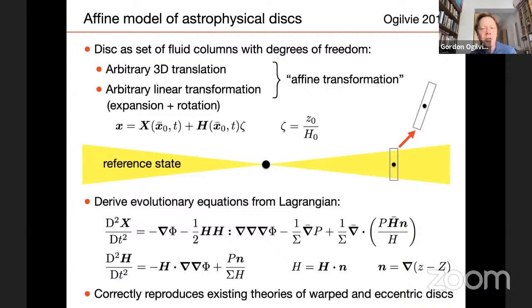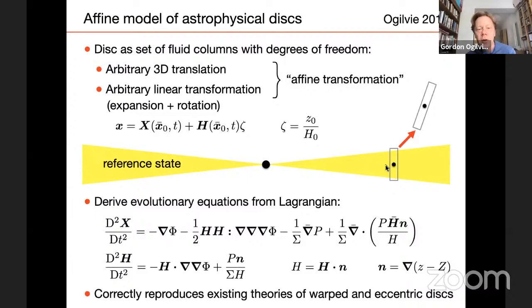So the idea here is to restore certain degrees of freedom. Rather than thinking of the disk as made of fluid elements that can only move in a plane, we think of them as fluid columns that have some vertical extension, and their translations can take them out of the disk plane to describe situations like a warped disk.